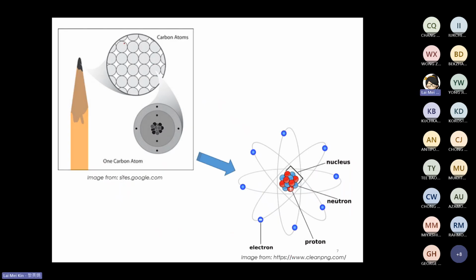Okay, so previously we learned that something that we can see is like this pencil. Pencil is made up of lead. What is the chemical formula of lead? Okay, some of you say Pb because Pb's name is lead.